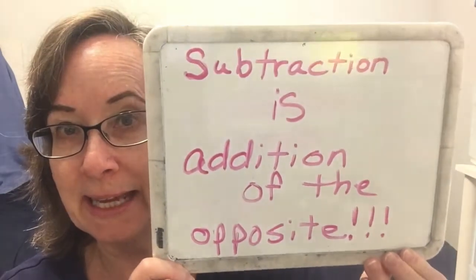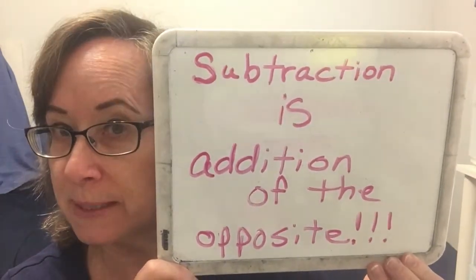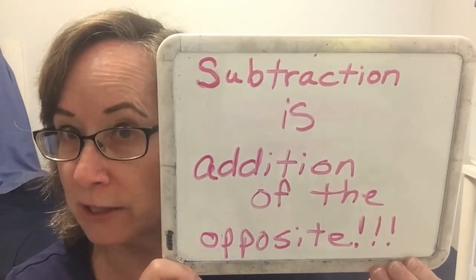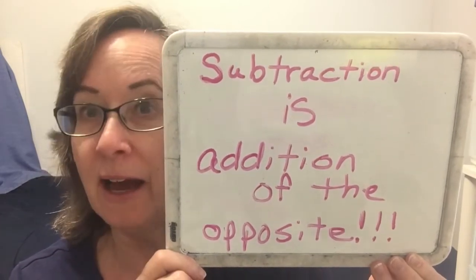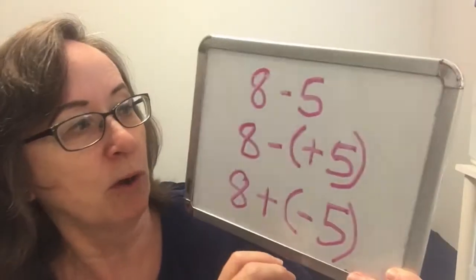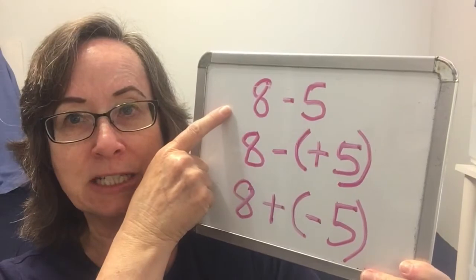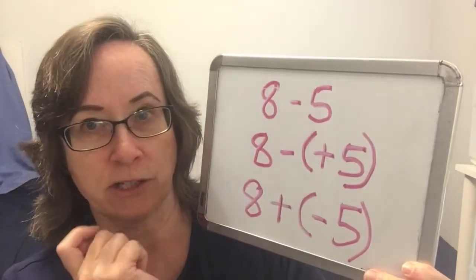Subtraction is addition of the opposite. So here is the same example. All right, so we could take 8 minus 5, which is subtraction.